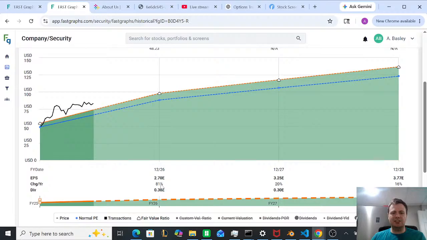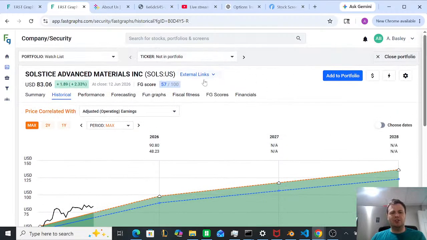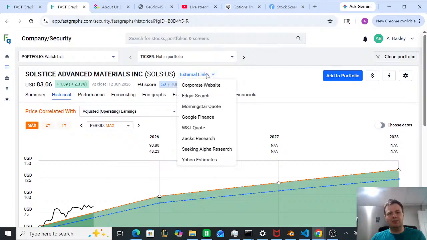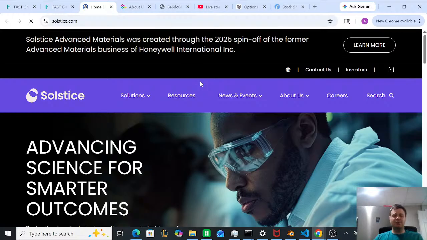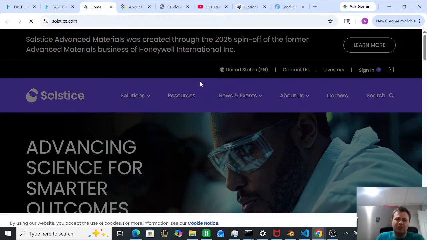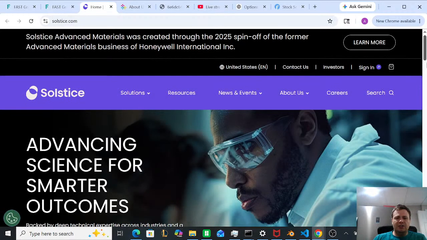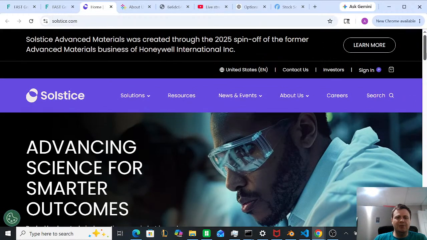It gets skewed because it's 81% right here. They were talking about this being a material science company that does something with uranium, part of the uranium fuel cycle process, which I'm not so sure about. I'm in the nuclear space and I've never heard of these people.